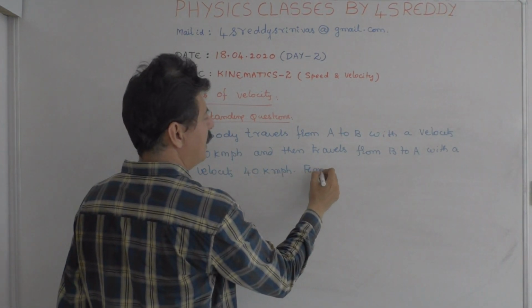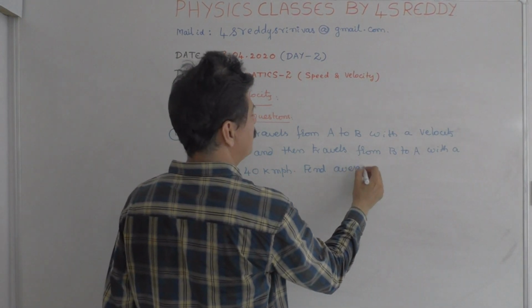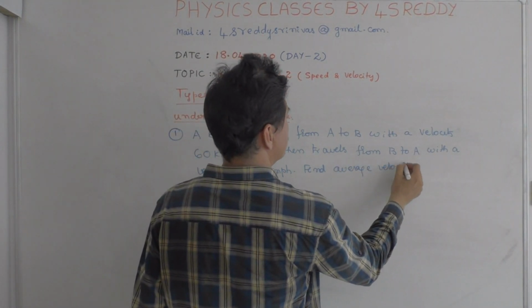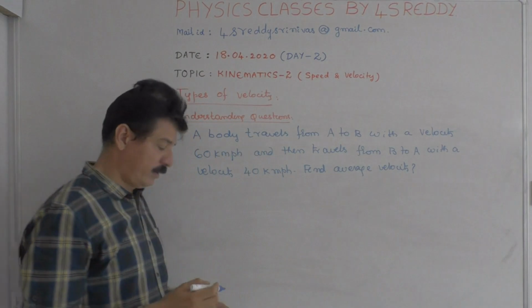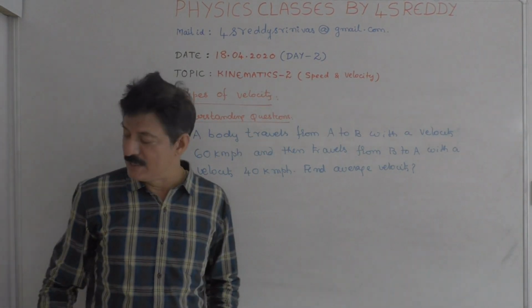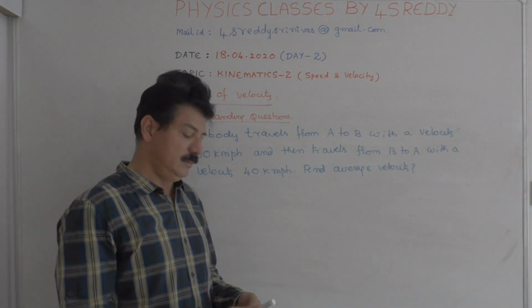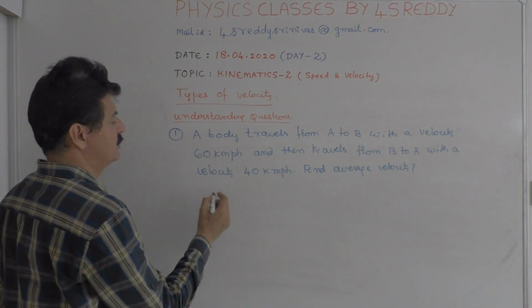Find the average velocity. Suppose you are asked like this, what is the answer? The answer is very simple, it is 0.